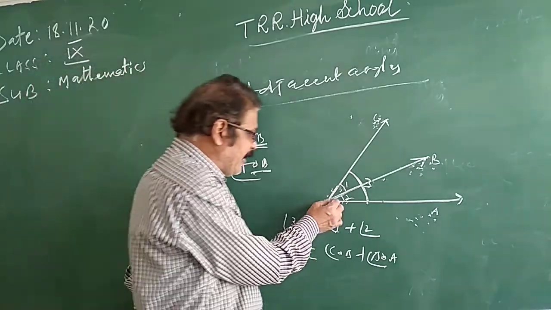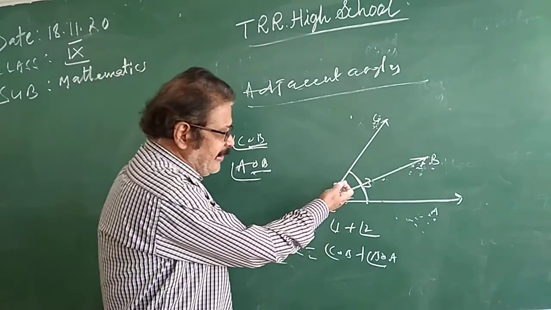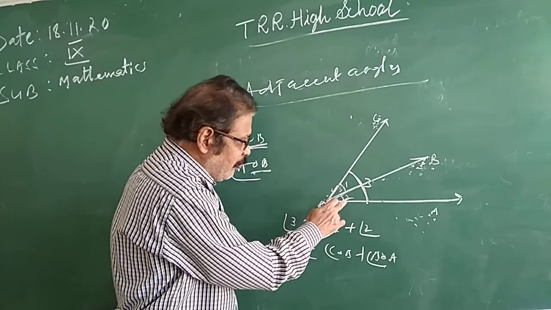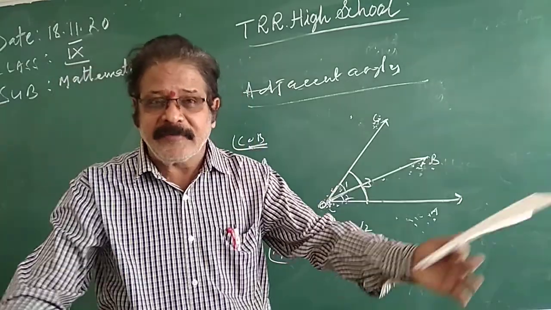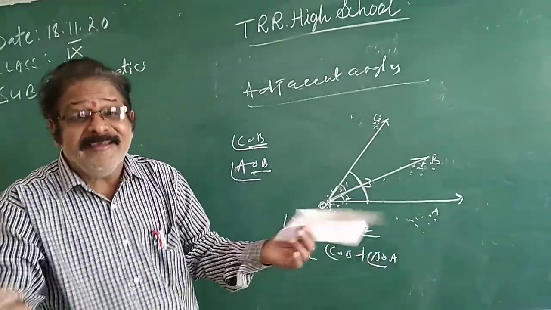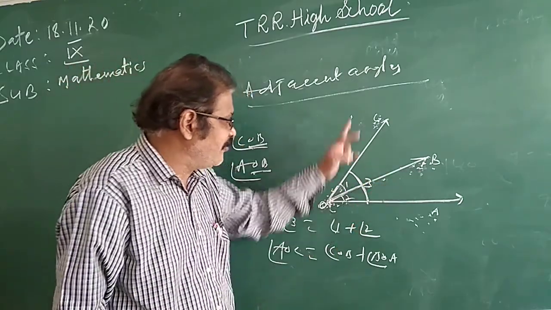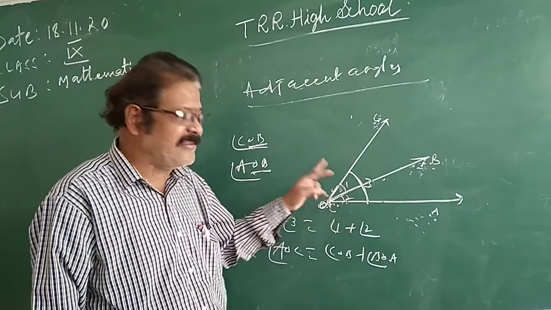What is the common arm here? OB is the common arm. On one side of OB is angle 1, and on the other side of OB is angle 2. These are called adjacent angles. Adjacent means the angles situated side by side. So, angle BOC's adjacent angle is BOA. Angle 1's adjacent is angle 2, and angle 2's adjacent is angle 1.